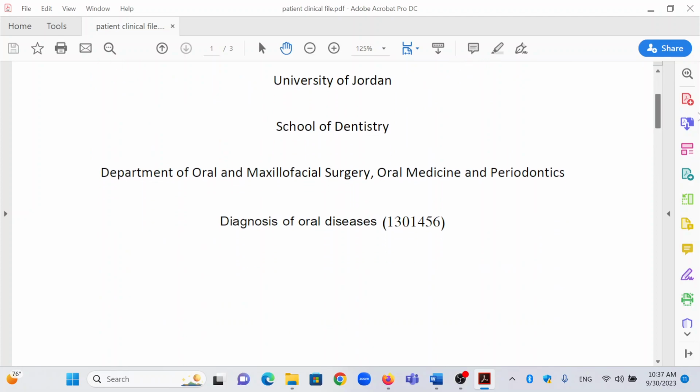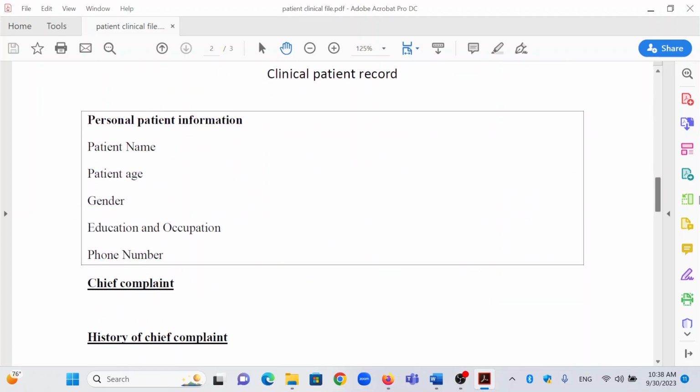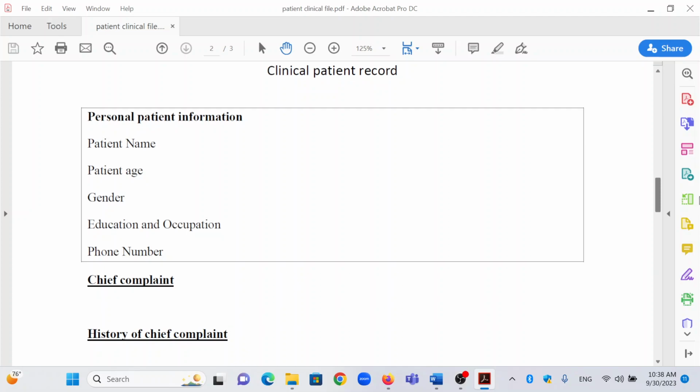Let's start first with the first part, which is the patient history. So we will explain each one of these and how it is written. First, let me start by saying that the patient clinical file or the patient record, this confidential piece of information, can be conducted in two or three ways.